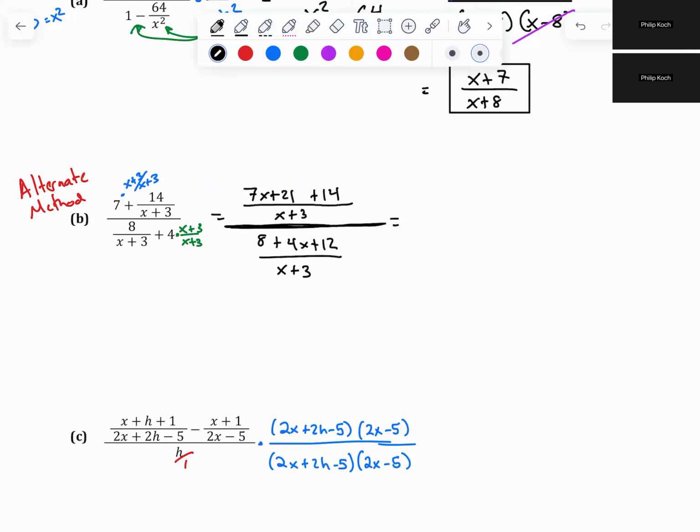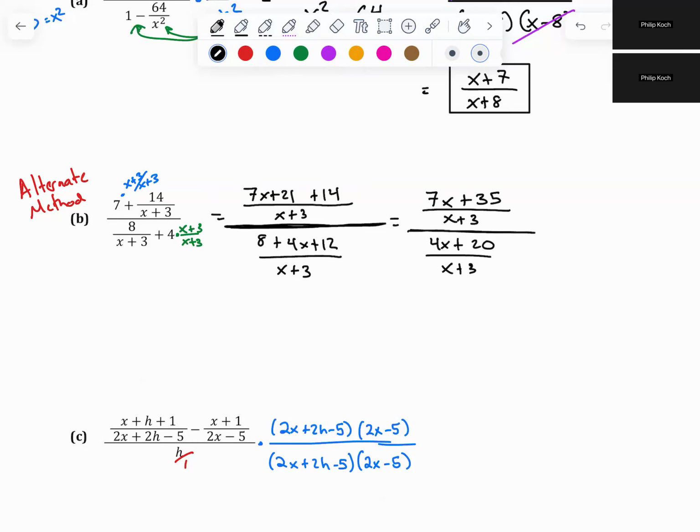I'm going to rewrite this now as 7x plus 35 all divided by x plus 3, all divided by 4x plus 20 over x plus 3. But if you want to skip that step and go immediately to flipping and multiplying at the same time, that's your call.